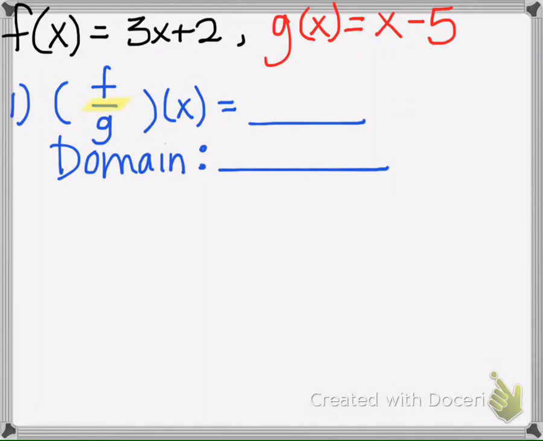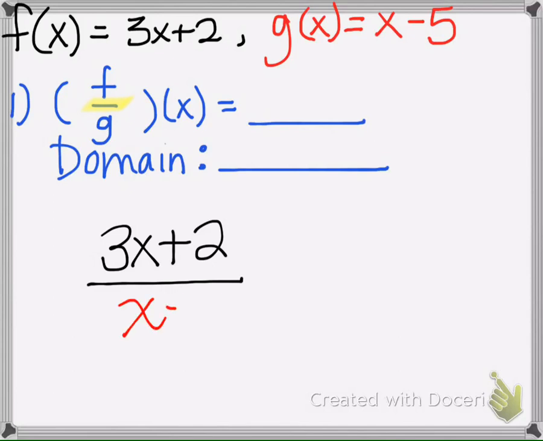Alright, here we're told to divide function f and g. So we take function f, which is 3x plus 2, and divide it by x minus 5. We can't simplify 3x plus 2 divided by x minus 5.